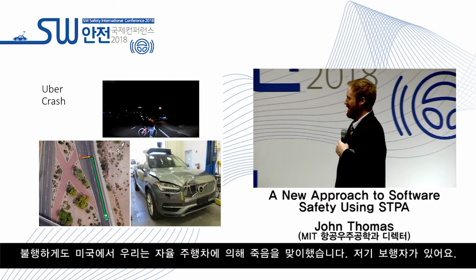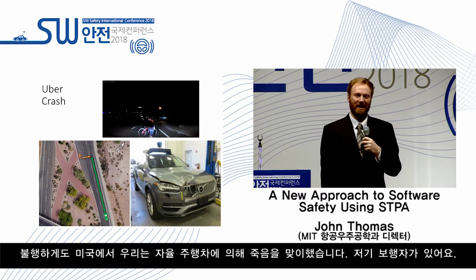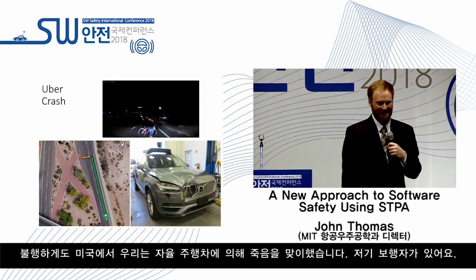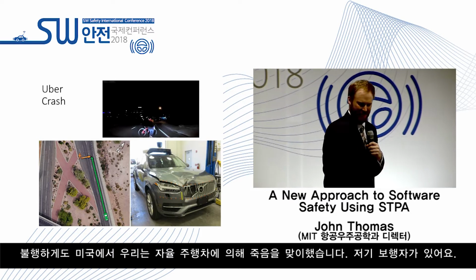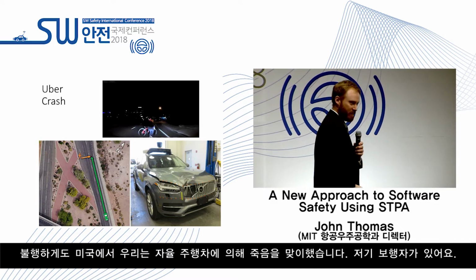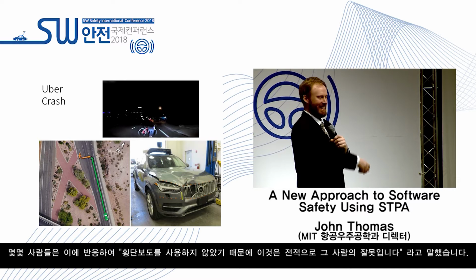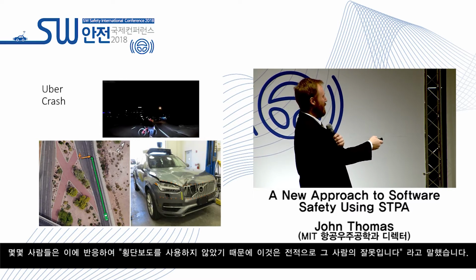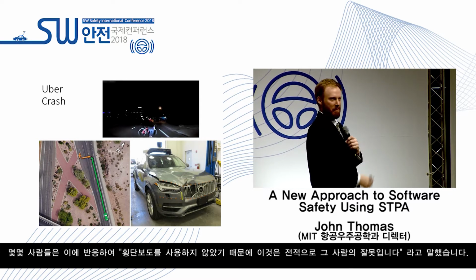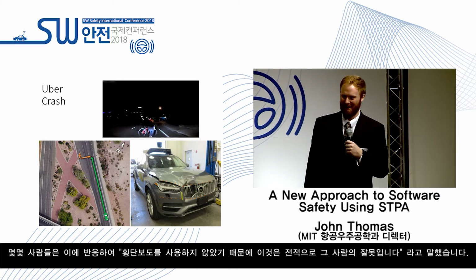We have had a death caused by autonomous cars, unfortunately, in the US. There's the pedestrian. Some people have reacted to this and said, oh, this was completely that person's fault because they did not use a crosswalk.